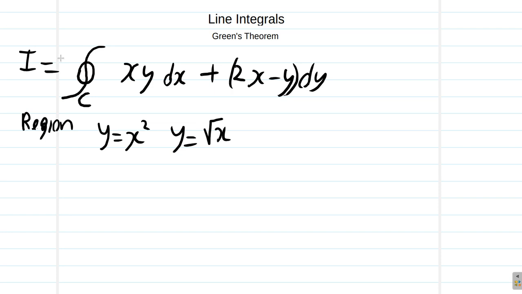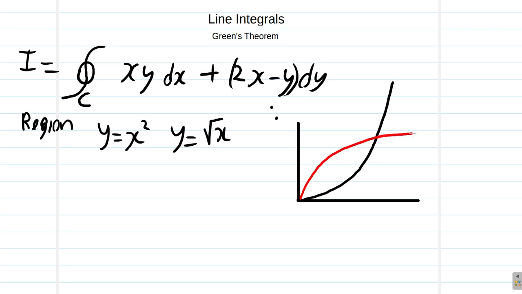Now, of course, in the exam you might not have anything to plot it, but if you have an idea what the curves look like, you know that y equals x squared, part of it goes like this, and y equals square root of x, part of it goes like this, right?